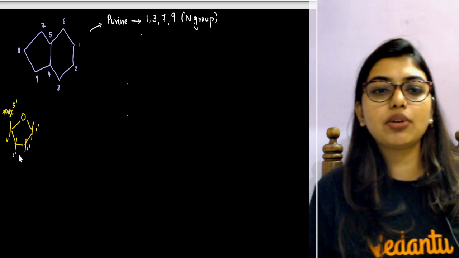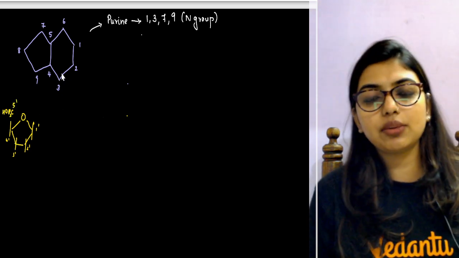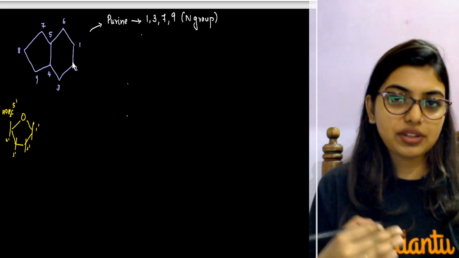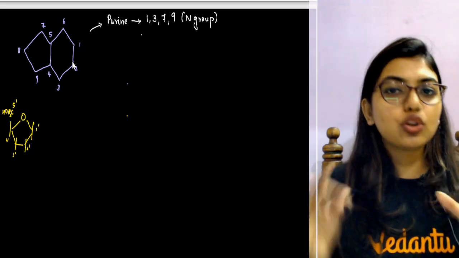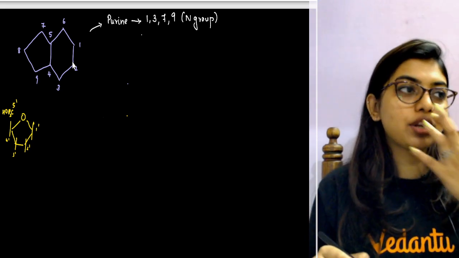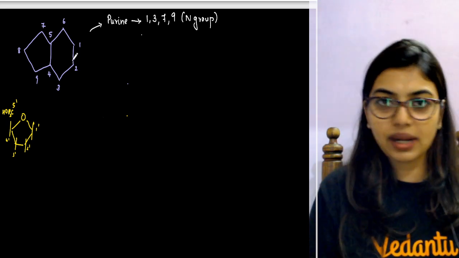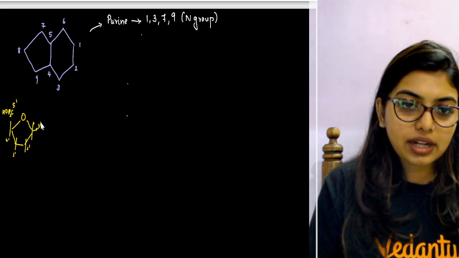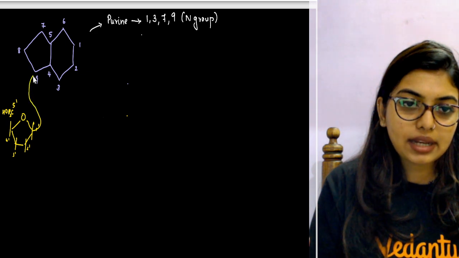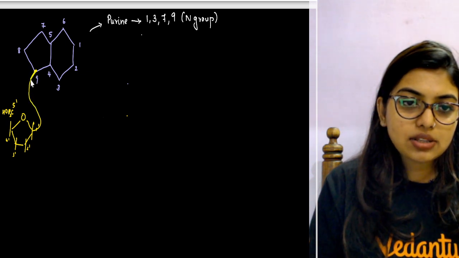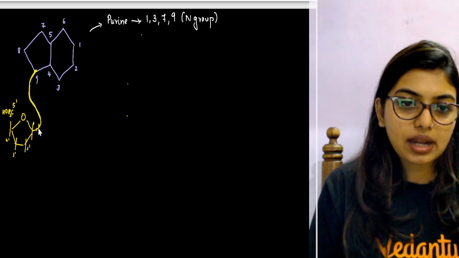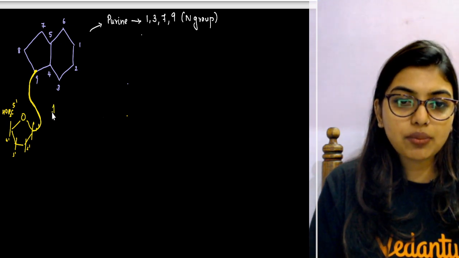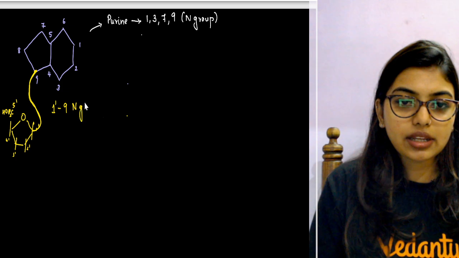Now you can ask me a question, ma'am, why are these 5', why are they 1', 2', 3'? To differentiate each of them, they have put a dash for the sugar groups. Otherwise we will not know who is binding with whom. So students, whenever a sugar is binding with a nitrogenous base, it is going to form an N-glycosidic linkage. Between a purine and a sugar, it is going to be a 1',9 N-glycosidic linkage.